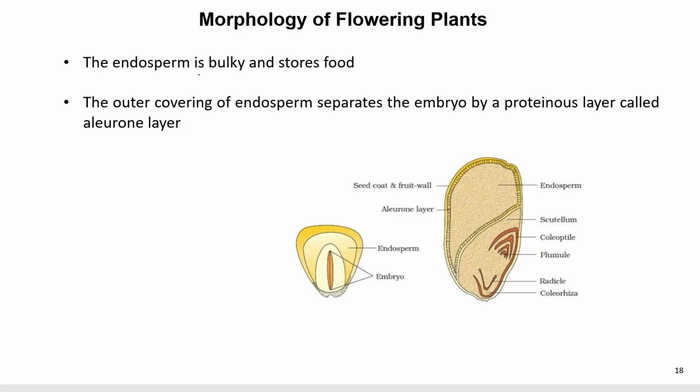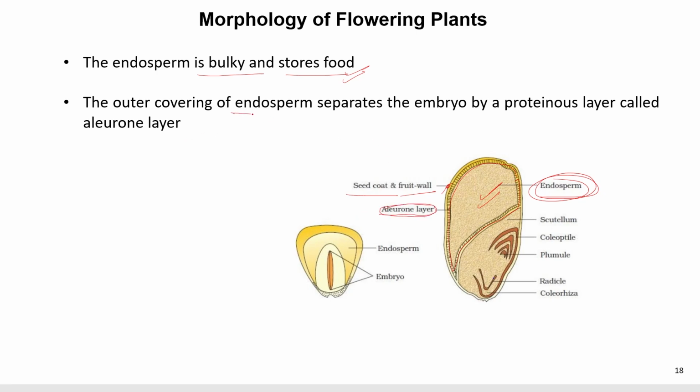The endosperm is bulky and it stores a lot of food. So here you can see the endosperm structure. It is so big and the food is stored in this endosperm region. The seed coat and fruit wall are fused, right? And below this fruit wall, there is an aleurone layer.